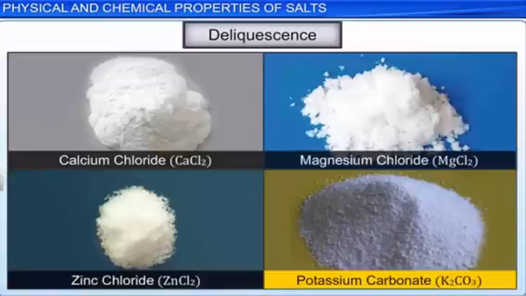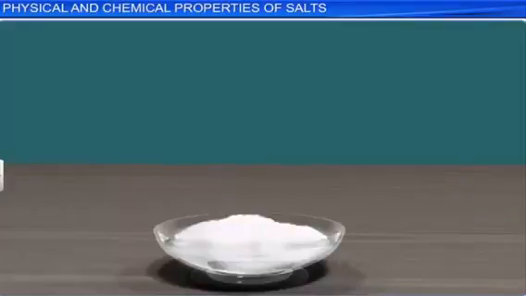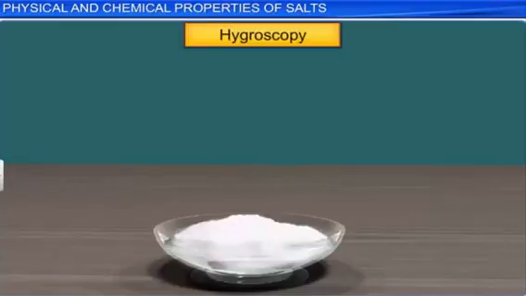There are also some salts that are hygroscopic. In other words, they have the ability to absorb moisture from the atmosphere without getting dissolved. For example, calcium oxide or burnt lime.